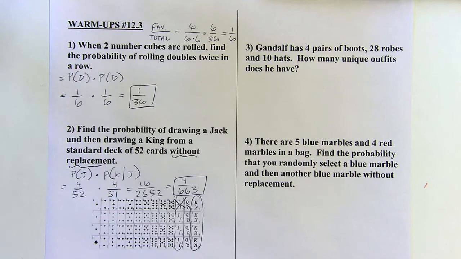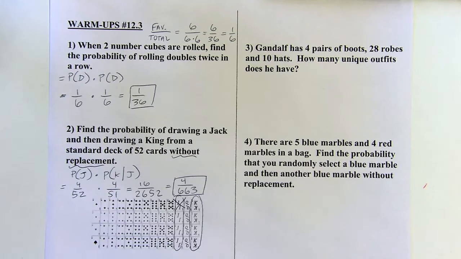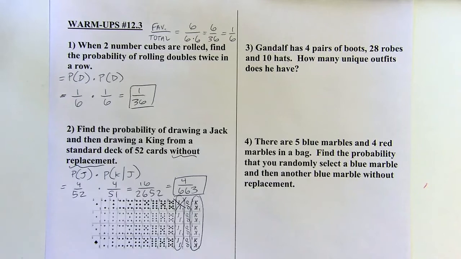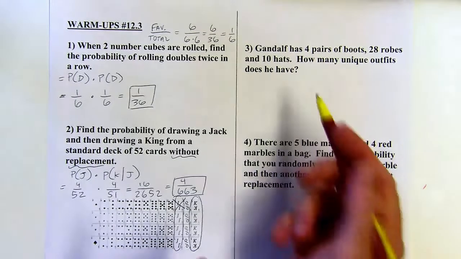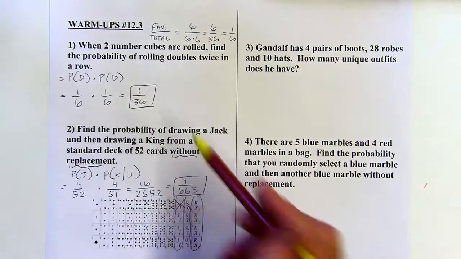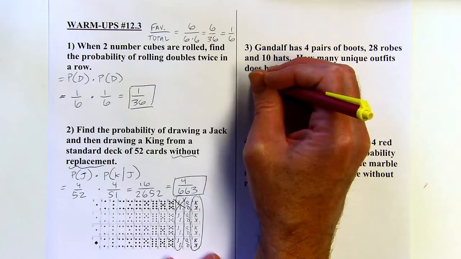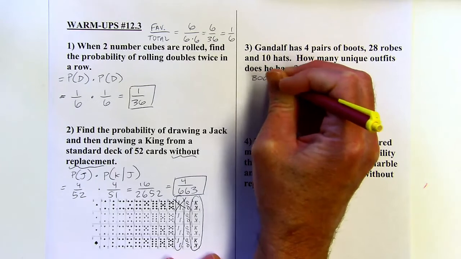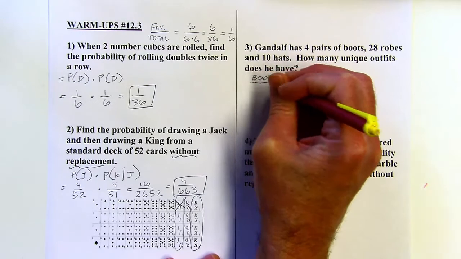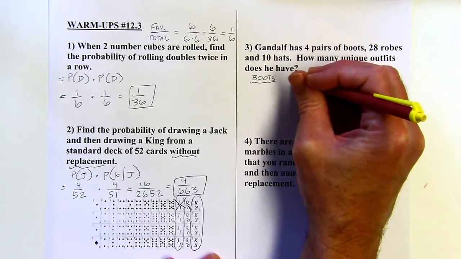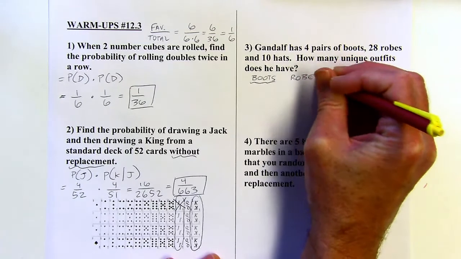Okay. Next up, Gandalf has 4 pairs of boots, 28 robes, and 10 hats. How many unique outfits does he have? So our outfit, let's assume it's 1 pair of boots, 1 robe, and 1 hat. So I'm going to use the fundamental counting principle here. You could make an outcome chart, but it will get really big, and this is going to be a lot easier if you use the fundamental counting principle.